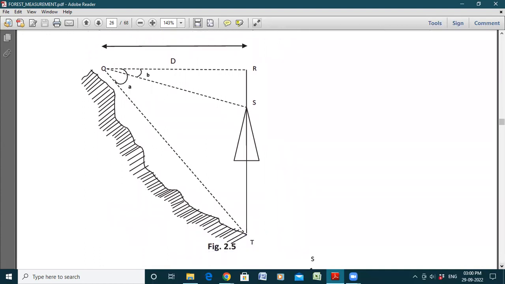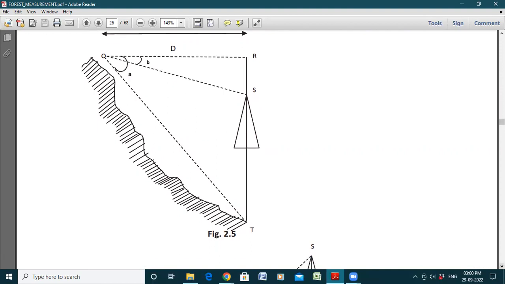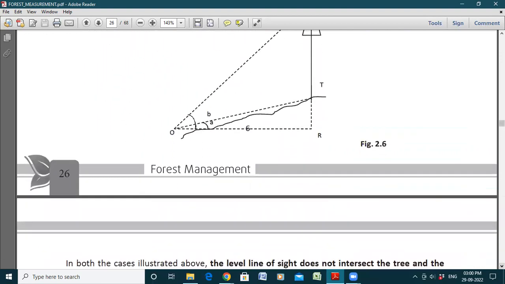These two conditions may happen. You can see here angle of elevation, angle of depression, and angle of elevation. So these cases may appear. Now let's discuss this.